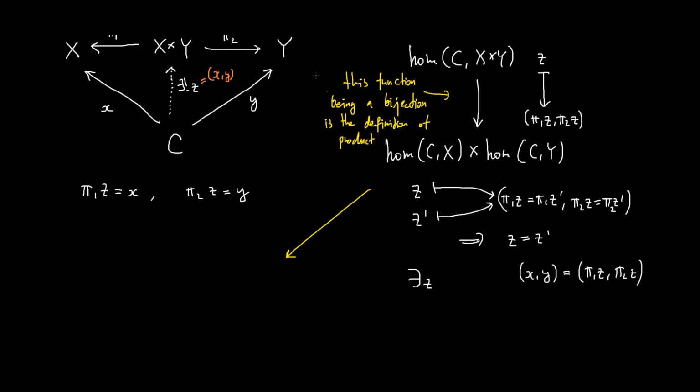it will happen at the level of natural transformations. It will turn out that the functor hom(-, x cross y) is naturally isomorphic to the product of those two functors, where a natural isomorphism is just a natural transformation which is an isomorphism at each component, which is the same as to say that there is an inverse natural transformation.